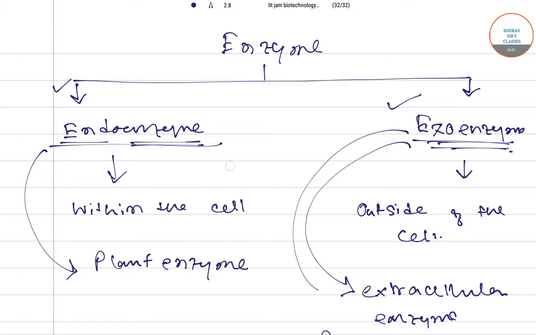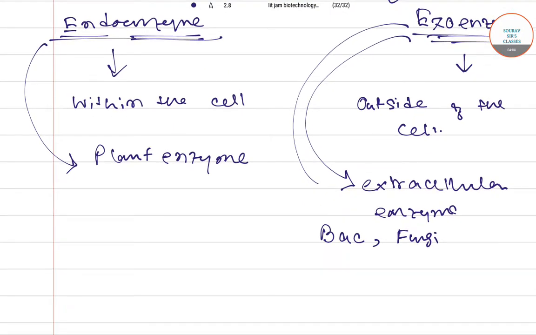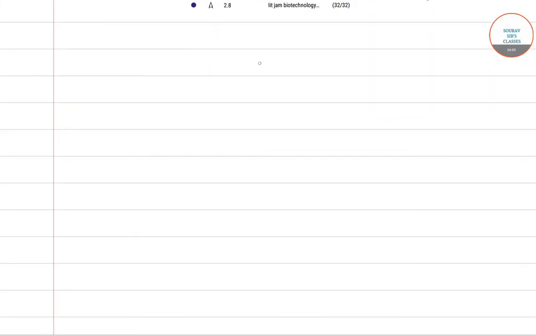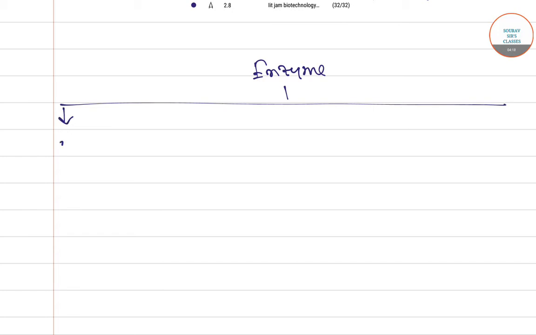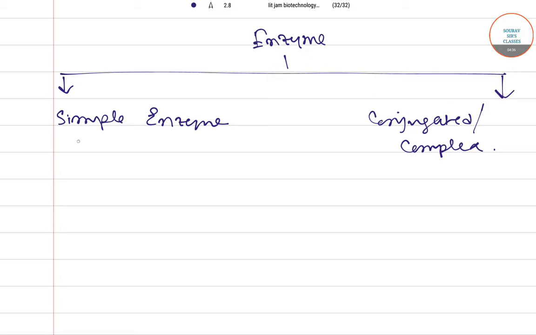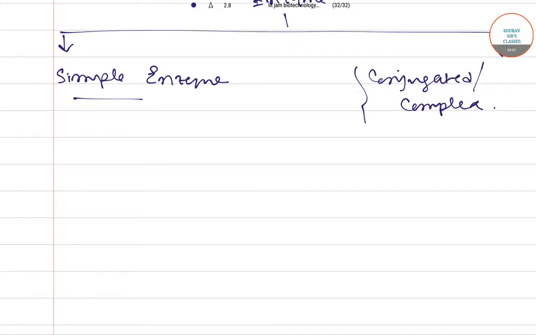Now the enzyme can be divided into two major classes, one is simple enzyme, another one is conjugated or complex enzyme. Now these simple and conjugated complex enzymes are basically subdivided on the basis of the amino acid residues.